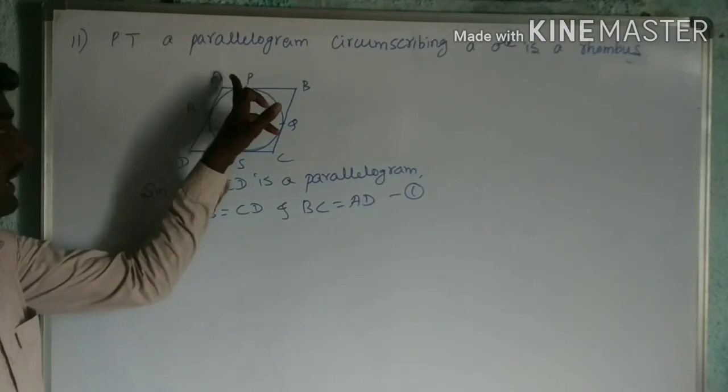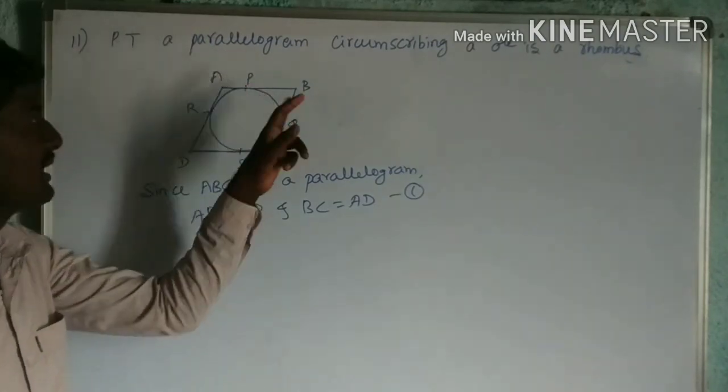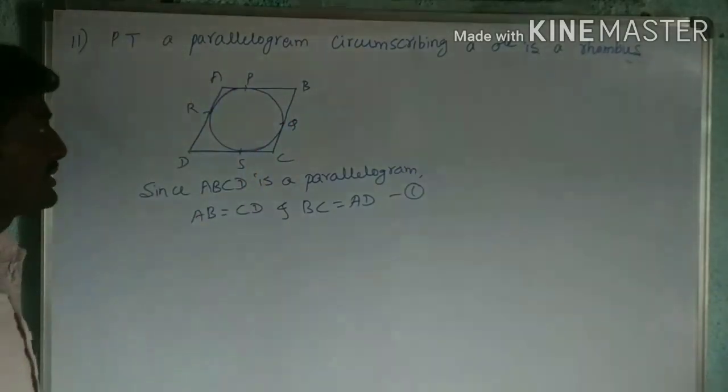again from the point A, AP is a tangent, AR is a tangent. As we used in the earlier problem, the same concept I will use here.